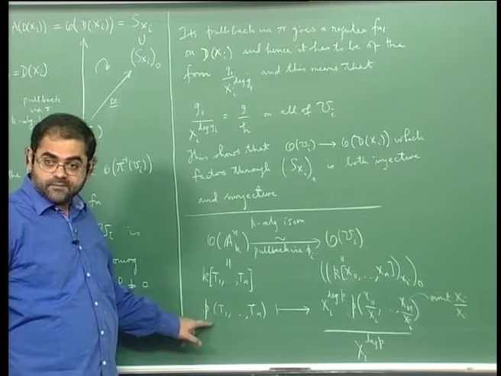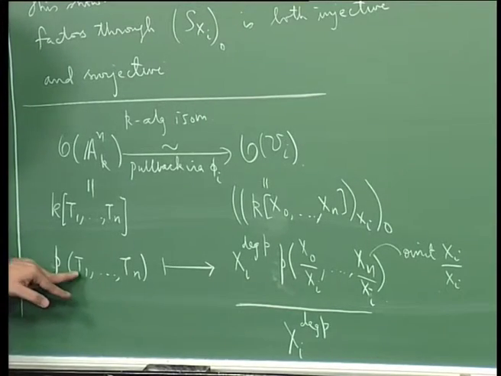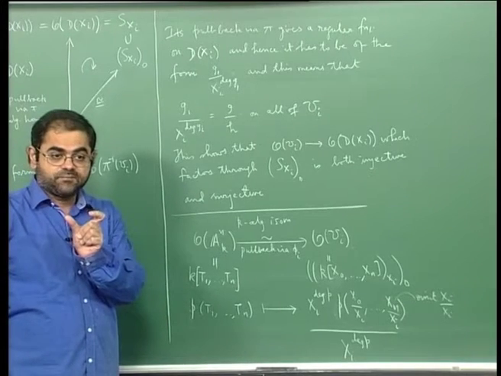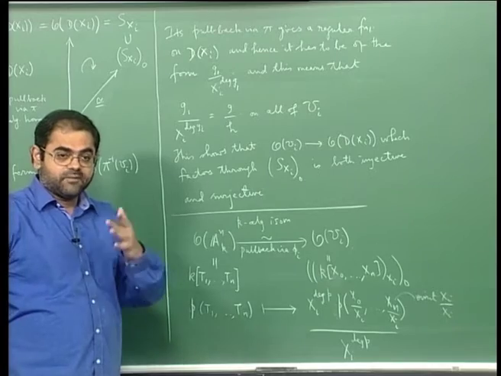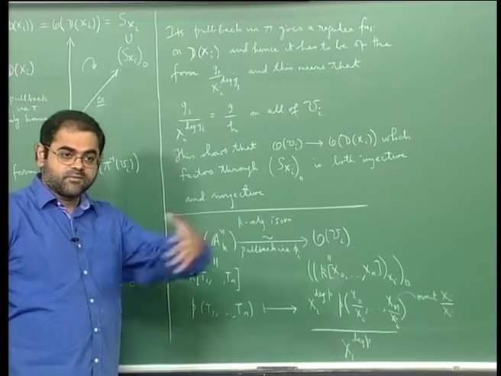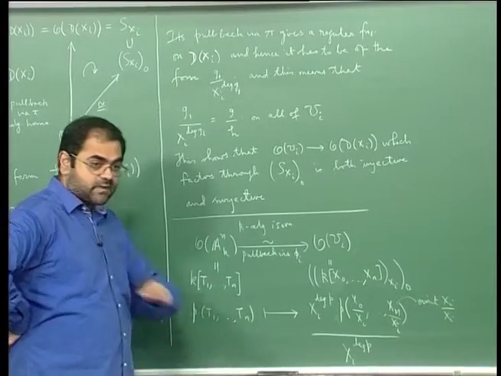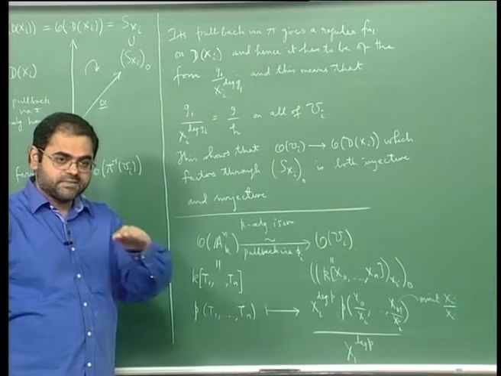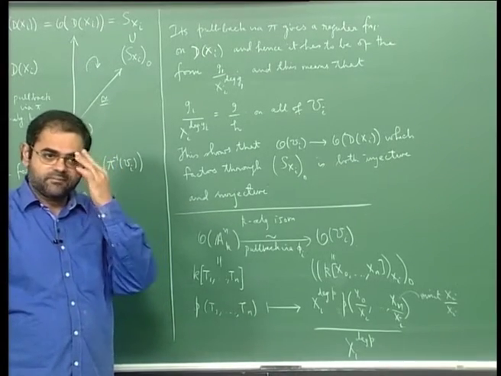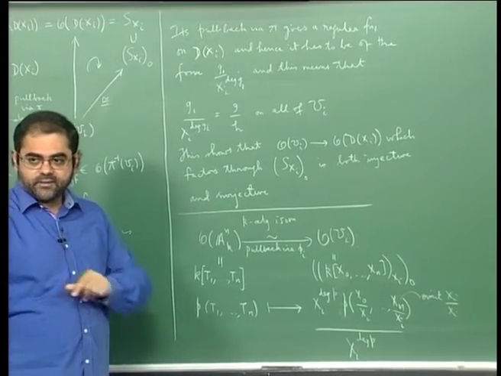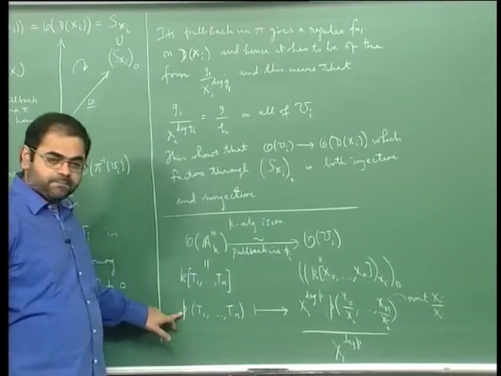A polynomial like this consists of monomials, products of powers of Ti, multiplied with some coefficients, and a sum of finitely many such, and among them you take the monomials of the highest degree and call that the degree. There could of course be several monomials of the same highest degree, but you take the highest degree and call that the degree of P.